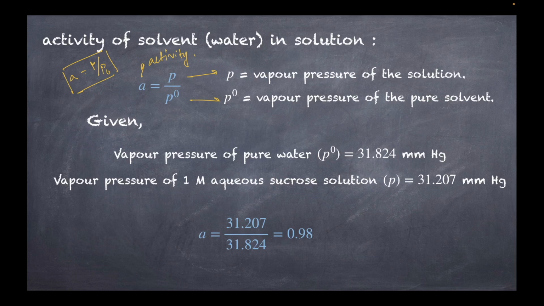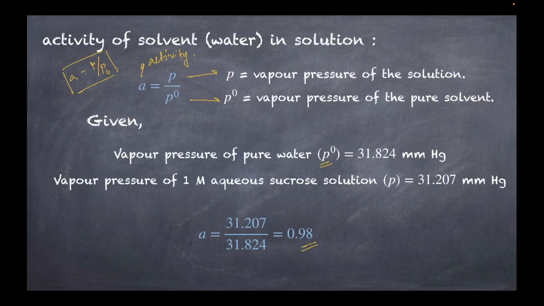So vapor pressure of the pure water, that means P0, is given 31.824 millimeter Hg, and vapor pressure of the given solution, that means the 1 molar sucrose solution, is also given 31.207 millimeter Hg. So the activity of water in solution will be P divided by P0, that means 31.207 divided by 31.824, which will be equal to 0.98.